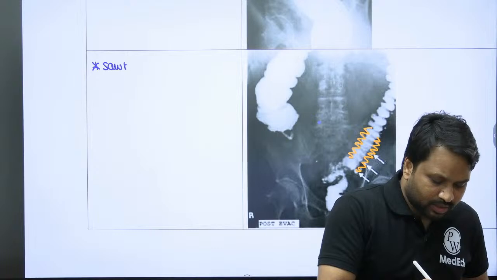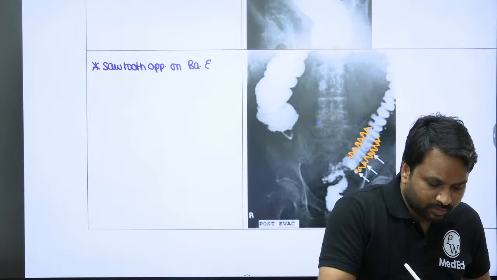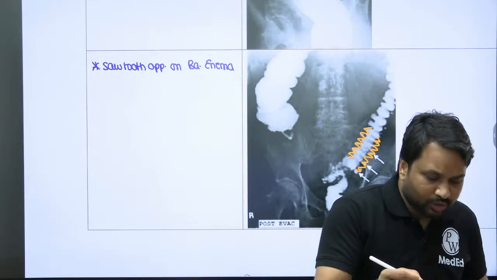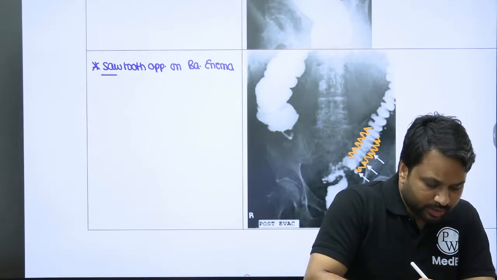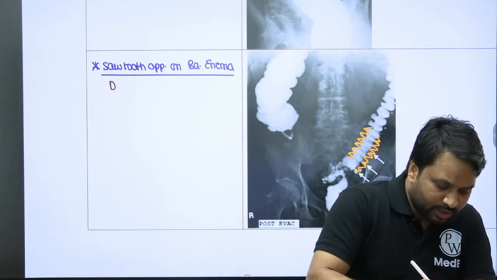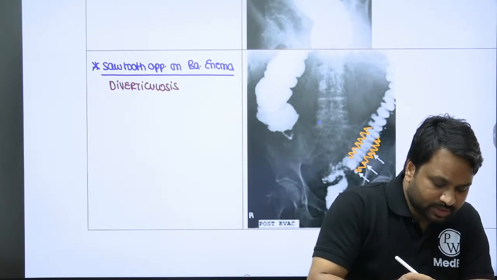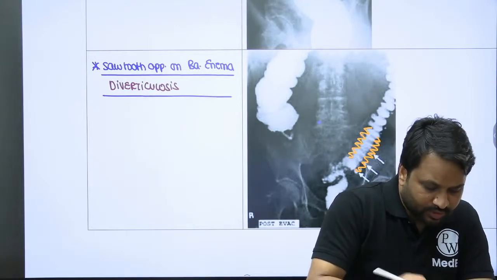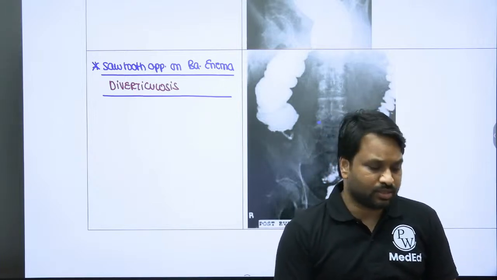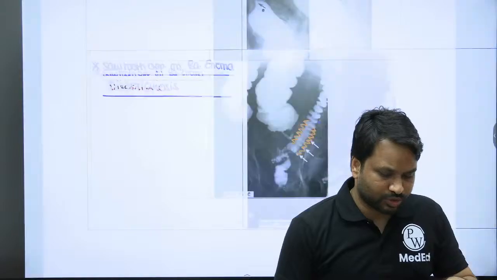If there is a sawtooth appearance on a barium enema, this is going to be associated with diverticulum. Sawtooth appearance on a barium enema is associated with diverticulum. Yep.